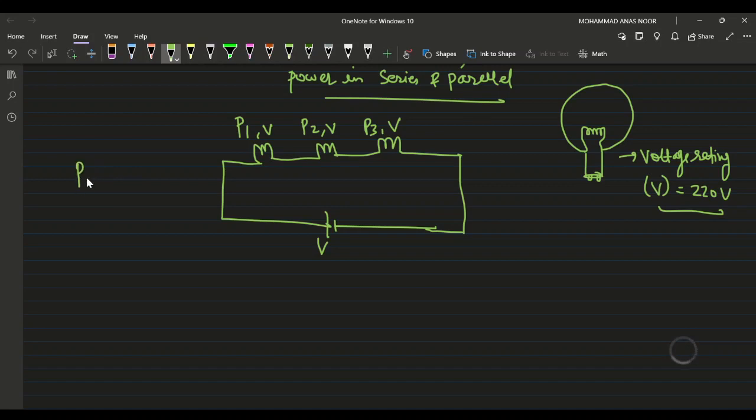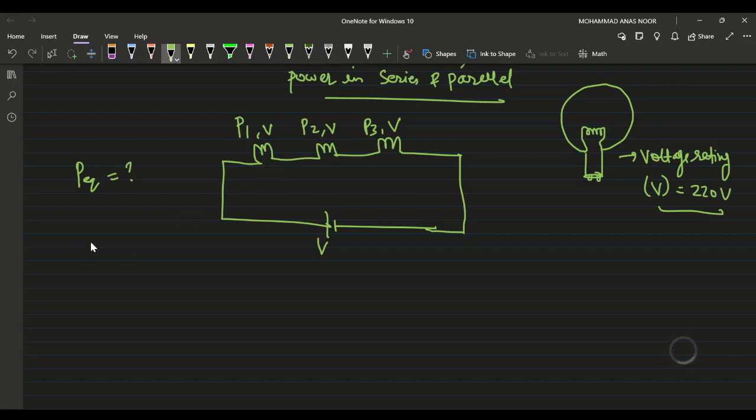To your surprise, the equivalent power is not P1 plus P2 plus P3. You can find that. Let's calculate the resistance of each one of them using the power rating.